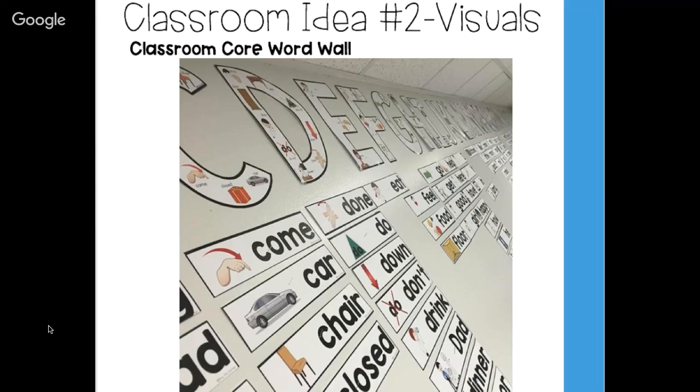This is another thing that I love, and I can post the links to some of these, although I see some of you are kind of rocking that out for me, which is so great. This is a classroom core word wall. So in my general education classrooms, they have sight word walls, I guess, that children use. Well, you know what a sight word wall is. I won't explain it to you.